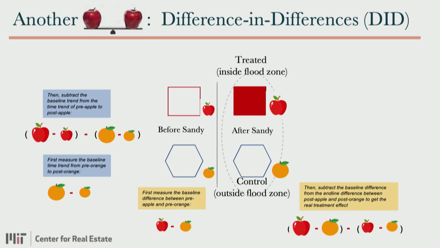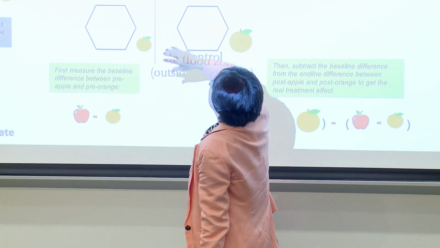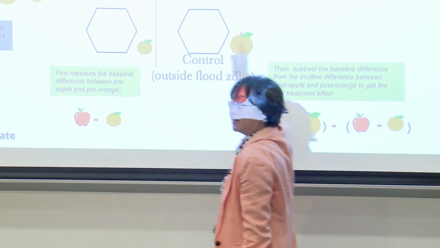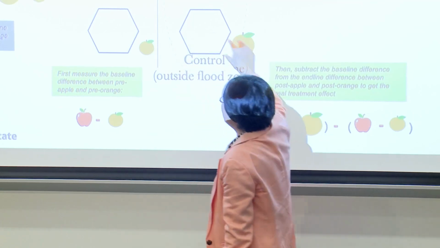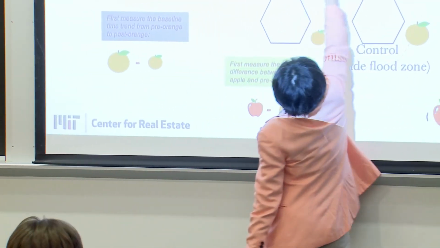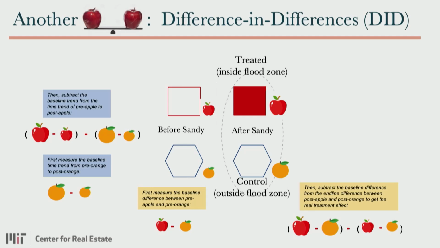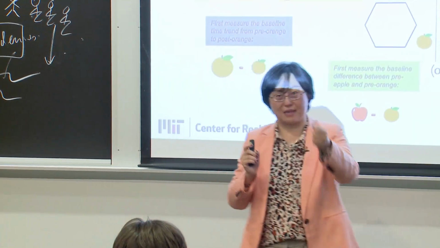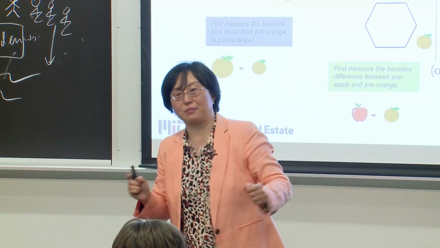But we believe this treatment and control, in the absence of that treatment, will follow the same trend. So we use this trend to infer the trend of this in the absence of that treatment. That's the assumption. We must test that our assumption is true.